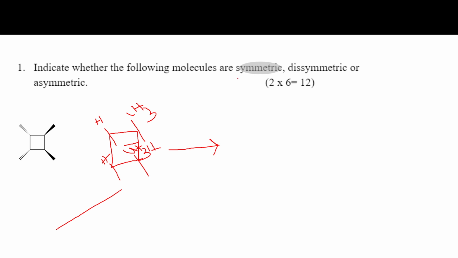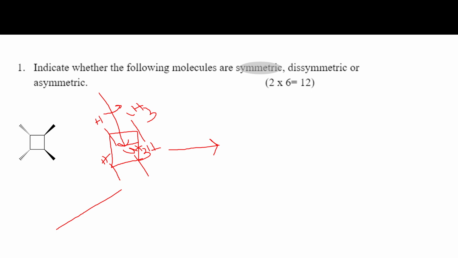I have told you that if the molecule has Sn symmetry, then that molecule will be a symmetric molecule. So to check whether this molecule has Sn symmetry or not, we rotate this molecule by 180 degrees. From here, like a rope, we can connect through the middle of the molecule, and we rotate it by 180 degrees.